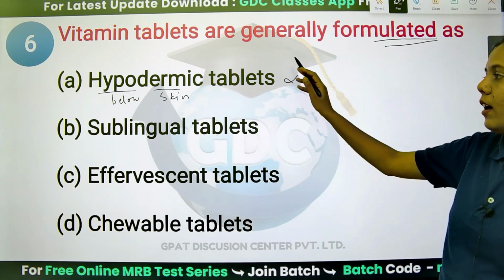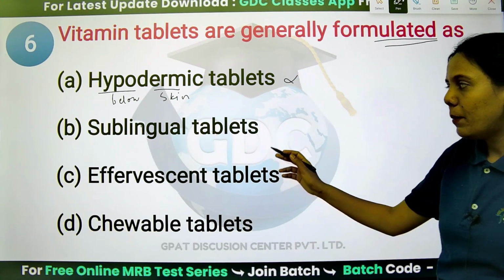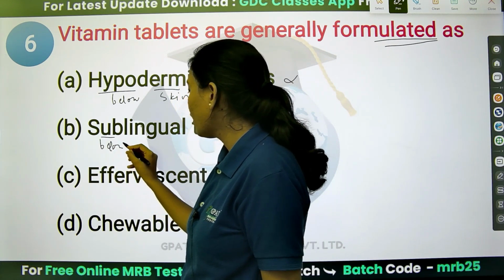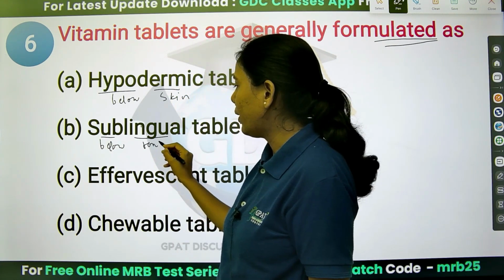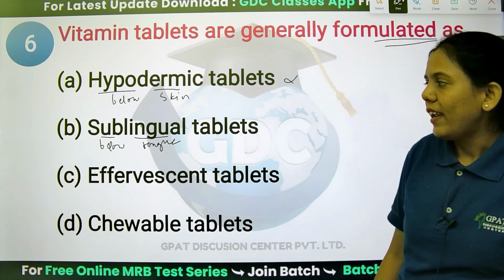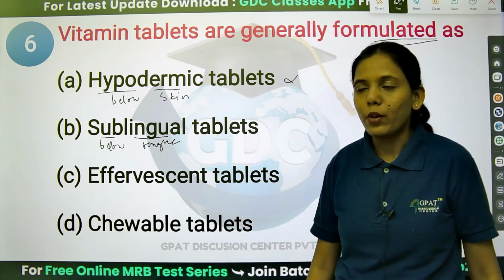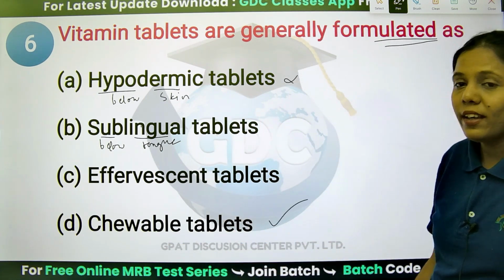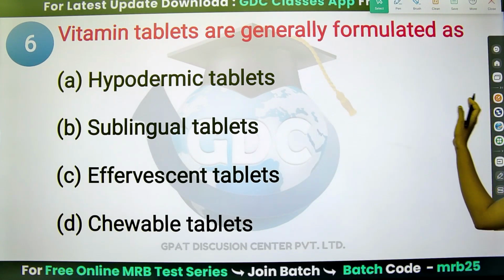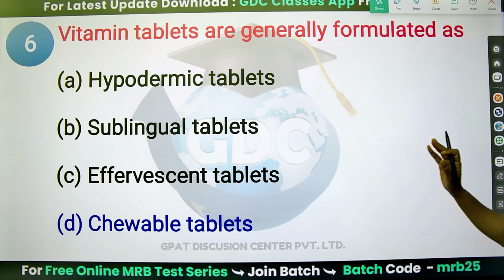So vitamin, it is not for hypodermic. Sublingual means, sub means below. Lingual means tongue, okay. So generally heart related tablets like nitroglycerin we are using sublingual, okay. But for vitamin we are using chewable tablets, okay. So option D is the right answer, that is chewable tablets, okay.